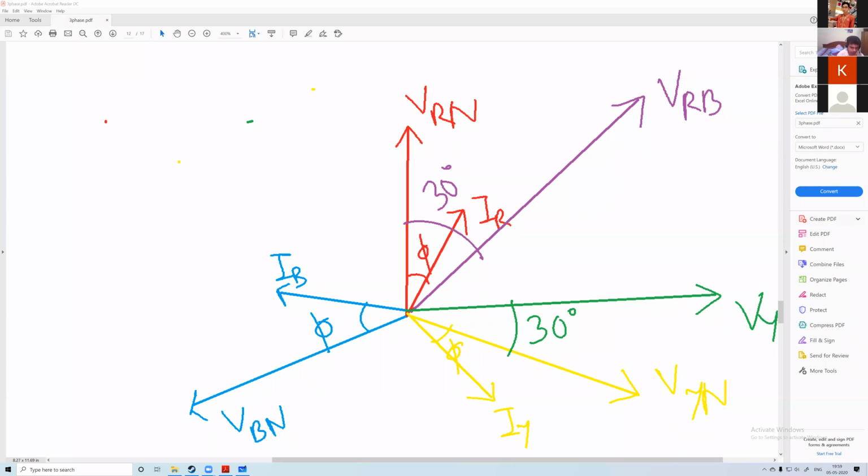W1 is VL IL cos 30 minus 5, and W2 is VL IL cos 30 plus 5. Now my question is, this is a question.